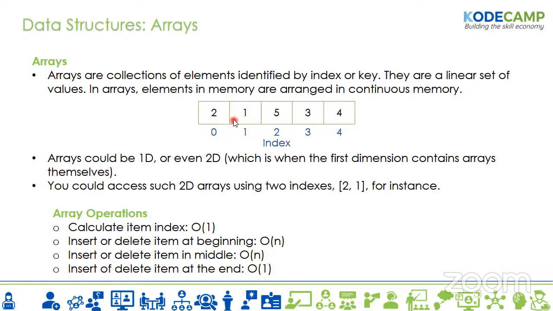So what it is doing here is arranging it in a continuous manner. Imagine you have a memory space. This is the address location, and all the other elements are just placed alongside in the memory.